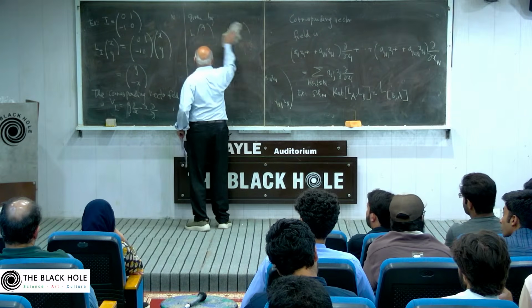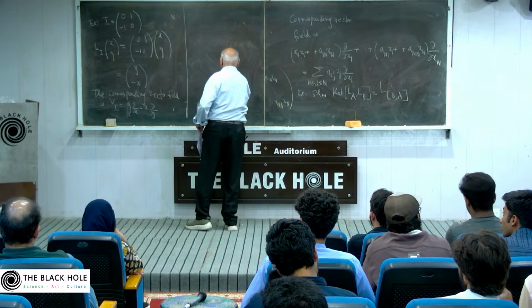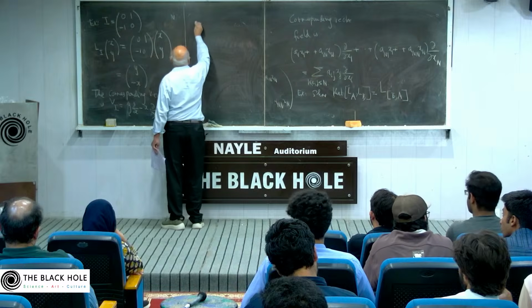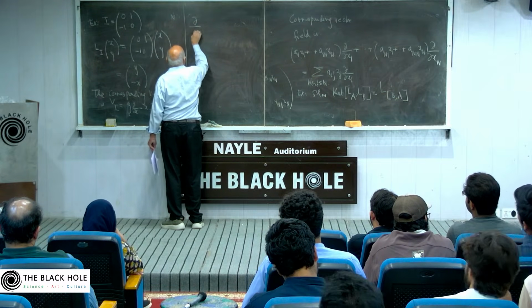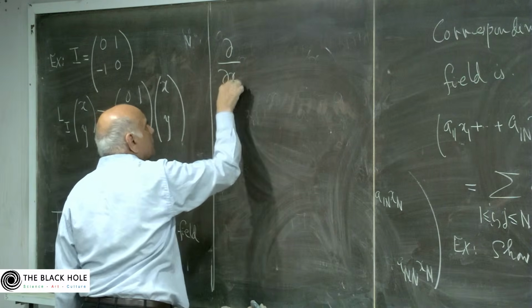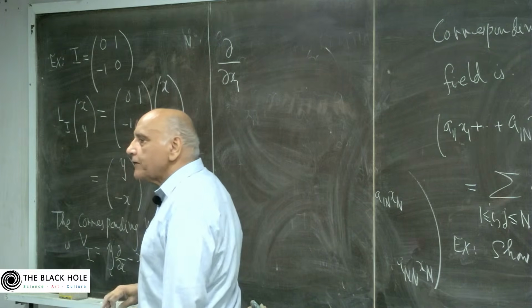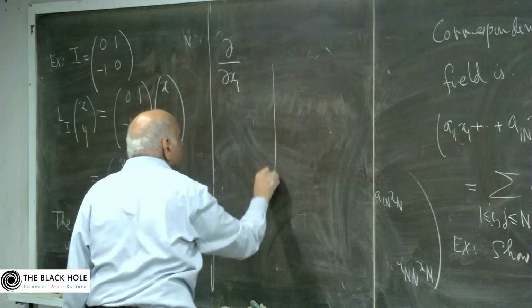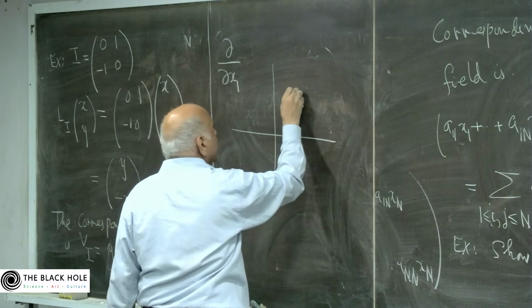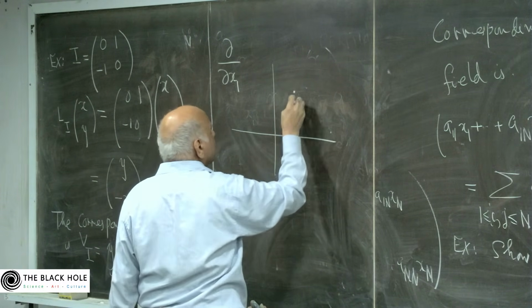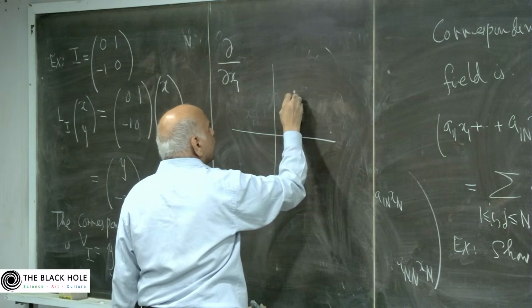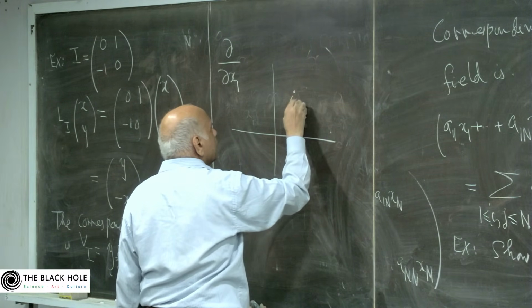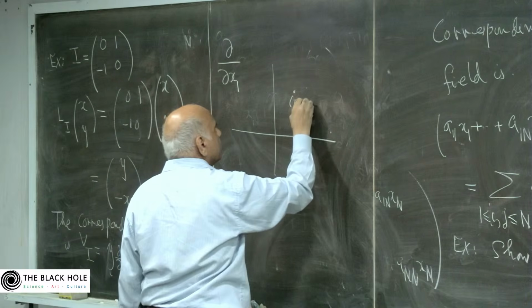Partial by partial x1. So d by dx1 as a geometric vector field, it means, let's say we are in two dimensions. Here is this point, the point x1, x2.